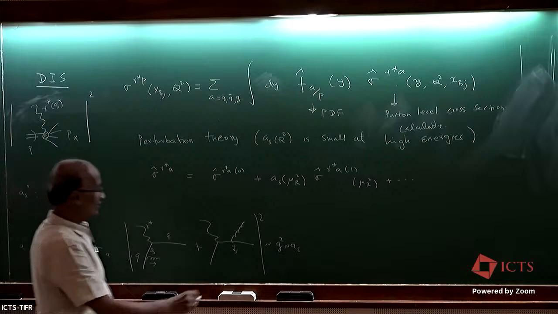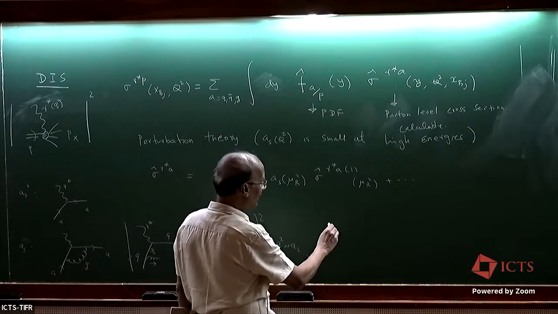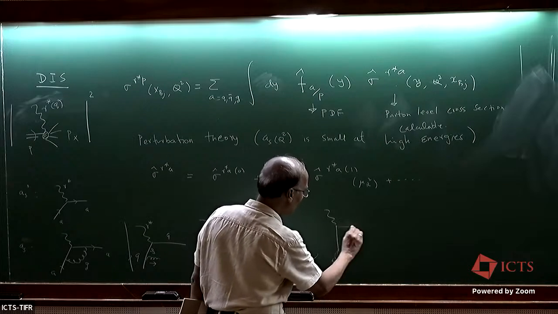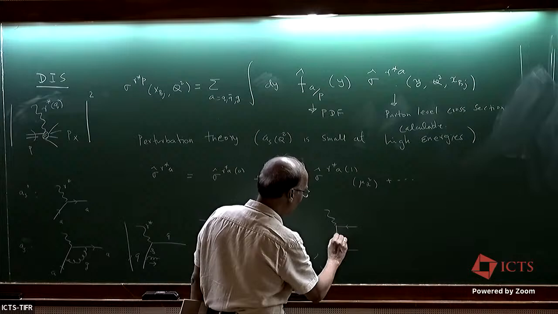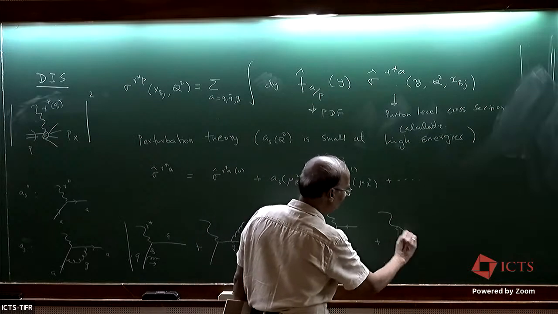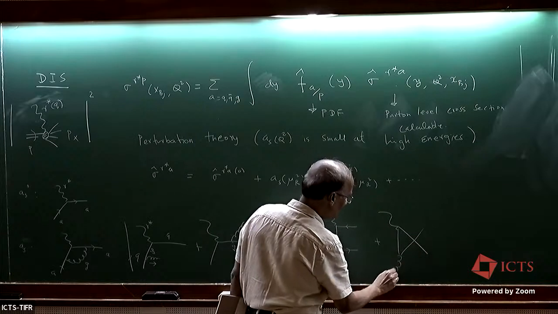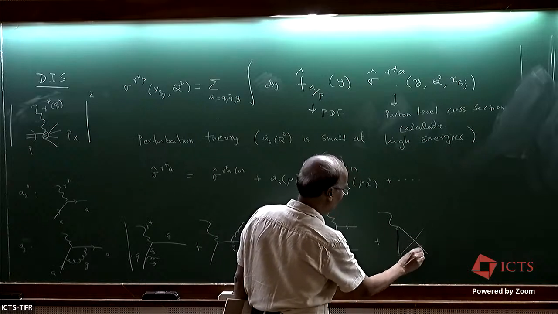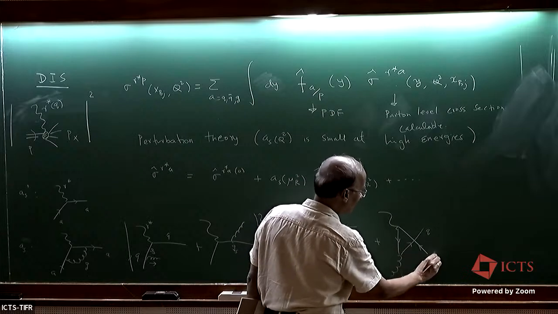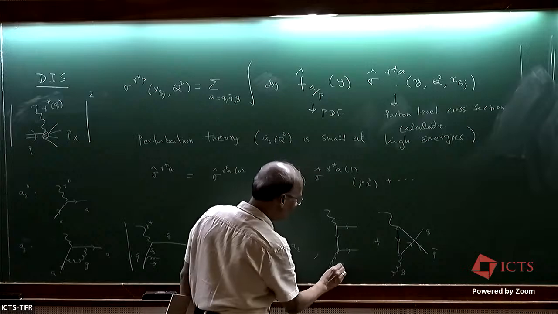What else do you have? You can also have, at this order, the photon interacting with a gluon through this pair of quark antiquark. Okay, this diagram. This is quark, this is an antiquark, this is a gluon, this is the gluon.